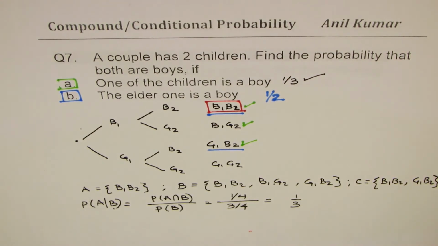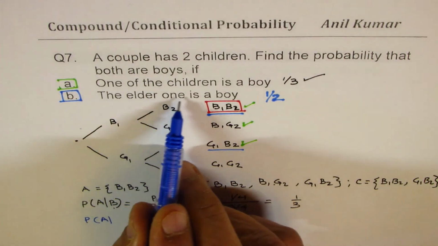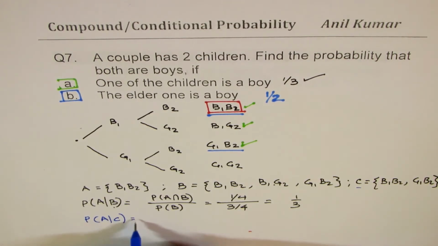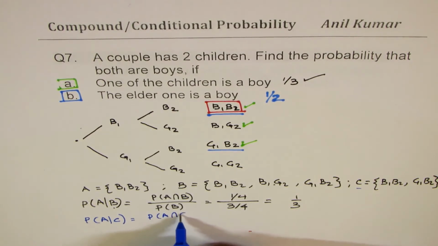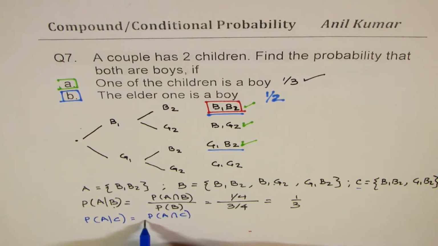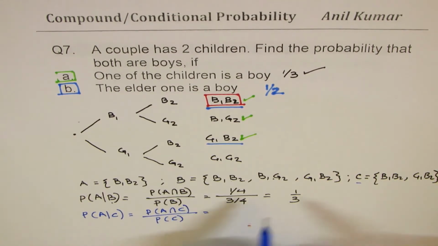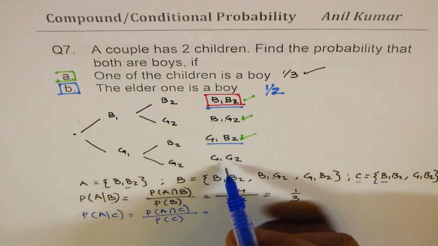Is that clear? Now we could find probability of A when the elder one is a boy, that is C. Again, we are looking for probability of A intersection C divided by probability of C. As far as intersection is concerned, there is only one common element between these 4.